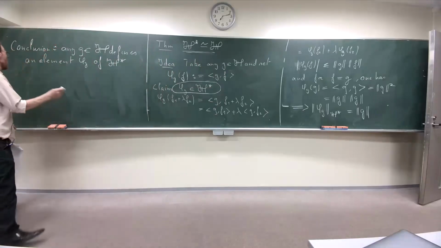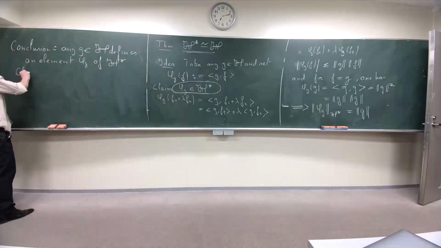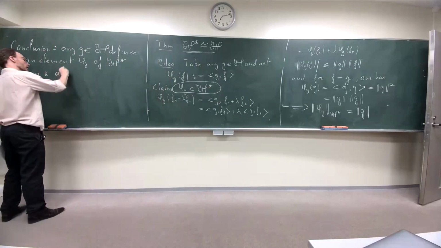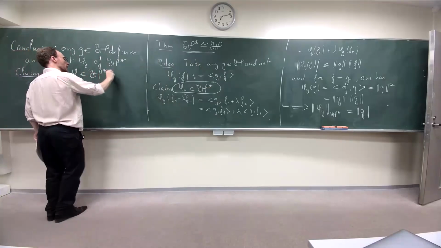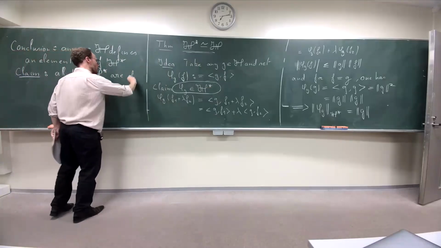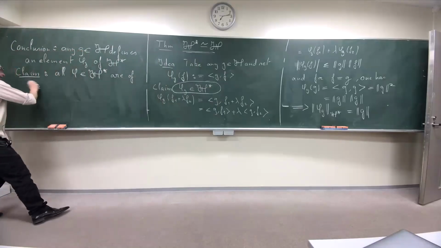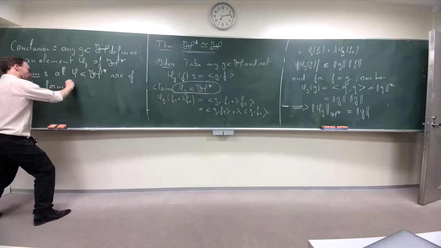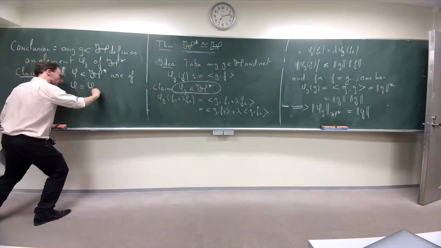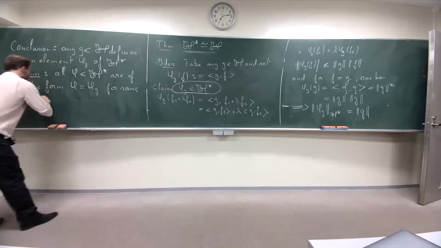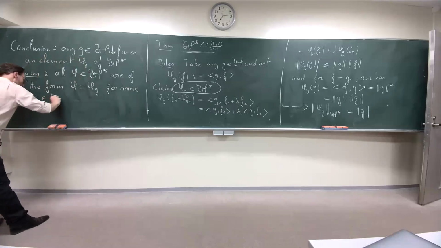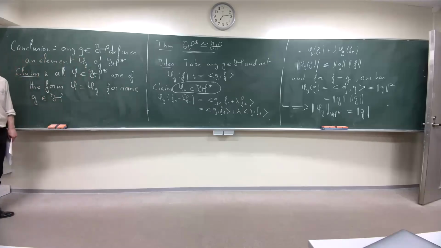So the claim, which I don't prove because it's a little bit long: all phi belonging to H star are of the form phi G for some G inside H. So you can generate all of them.